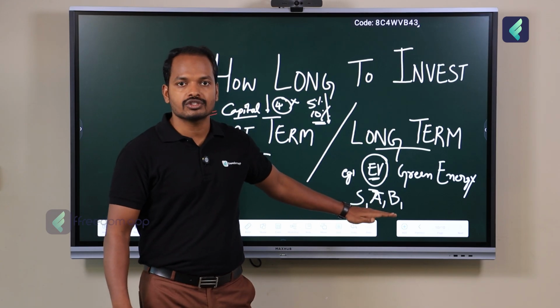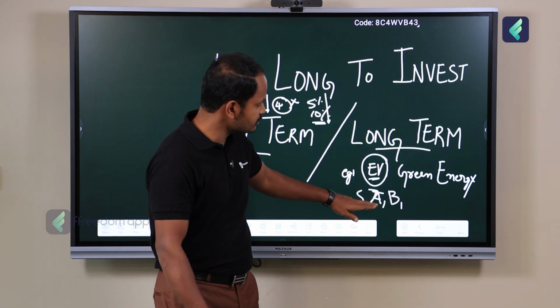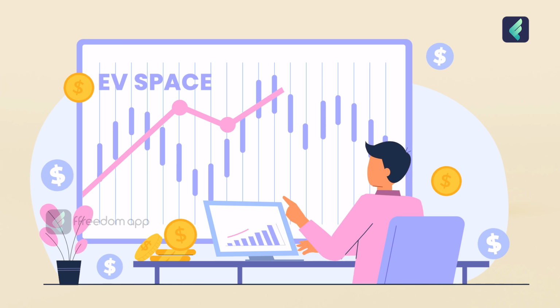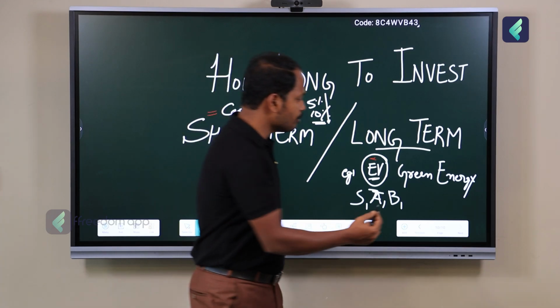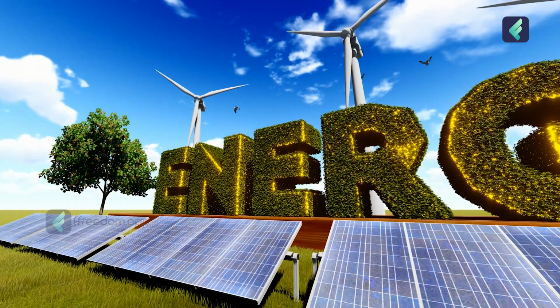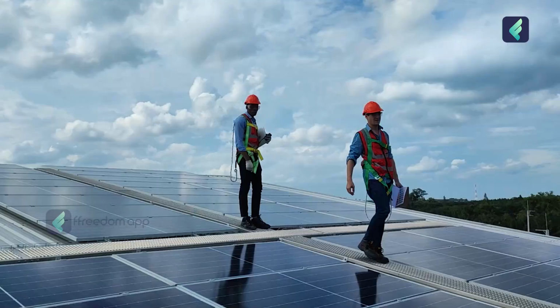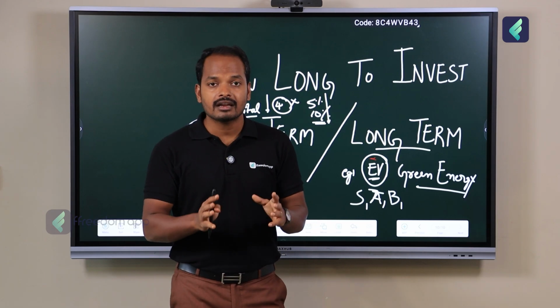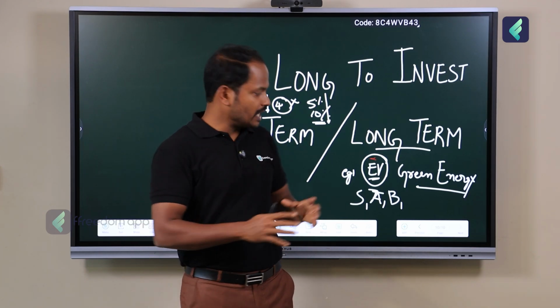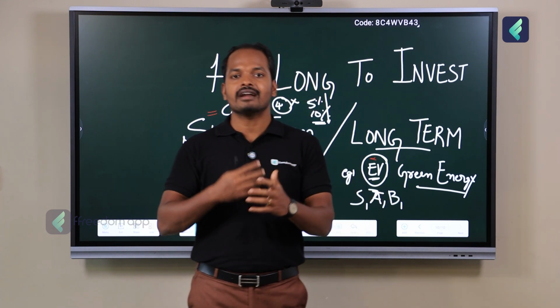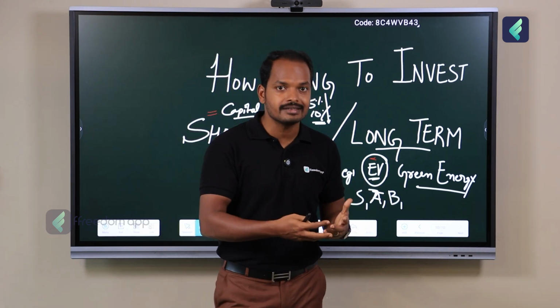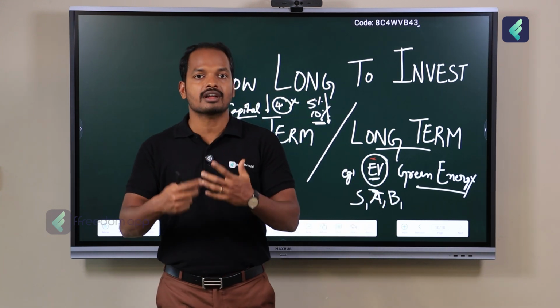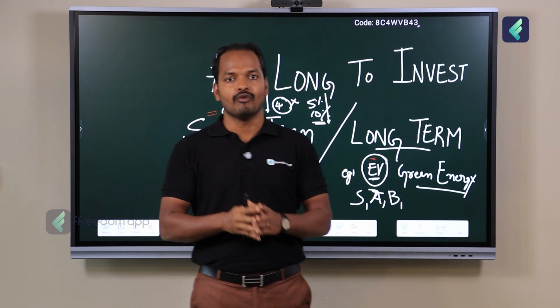So these kinds of stocks you can definitely think of investing in if there is momentum towards the EV space. And if there is momentum towards green energy, maybe solar energy, solar panel manufacturing companies can be your prime focus. So like this, you have to observe the stock market, policy decisions, companies' management comments, and take a wise decision.